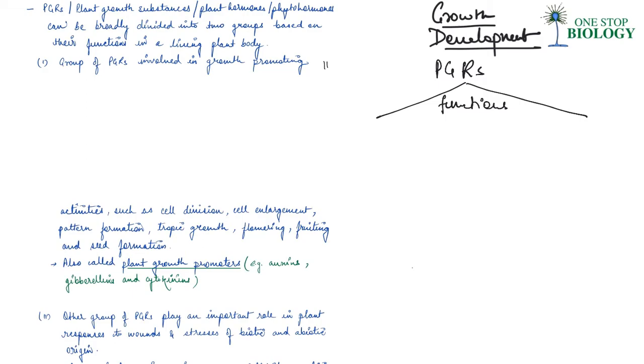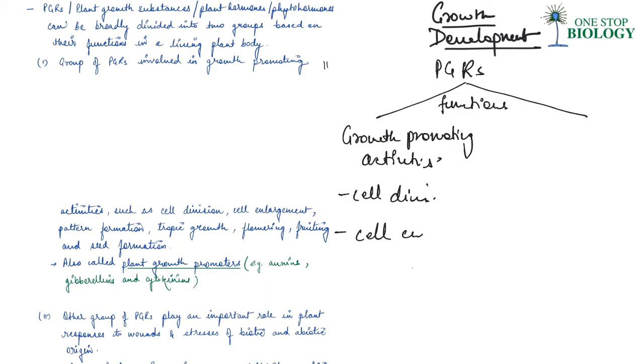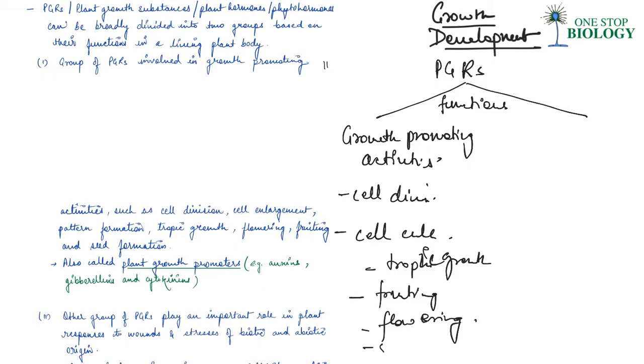So the first group of PGRs are basically involved in growth promoting activities. They promote growth, such as cell division. Cell division is a kind of growth. Cell enlargement, tropic growth, fruiting, flowering, or seed formation.